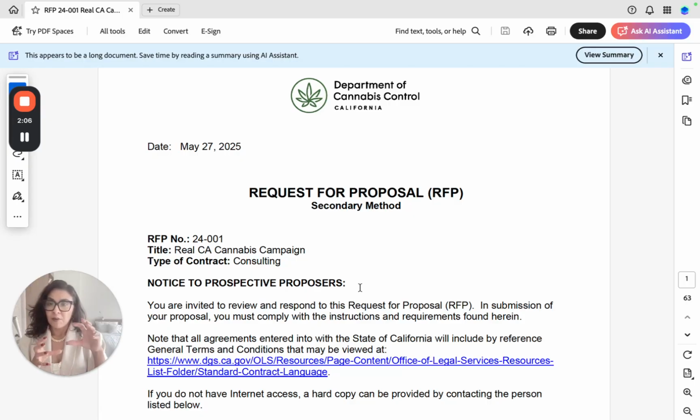Those are in the RFP, all the questions that you need to respond to in your technical proposal. So those are the 4 main parts that you need to look for in your RFP and make sure that they're a part of your technical proposal.